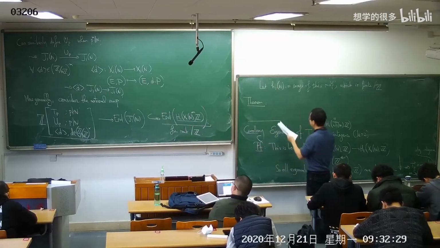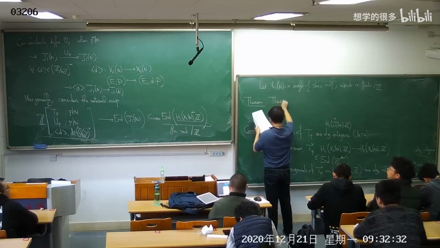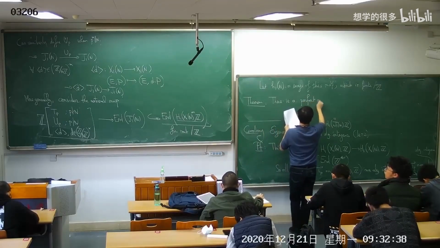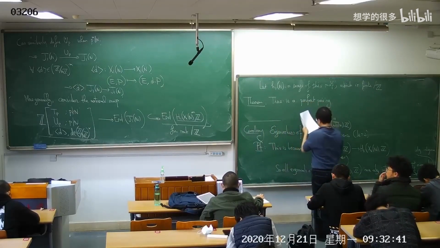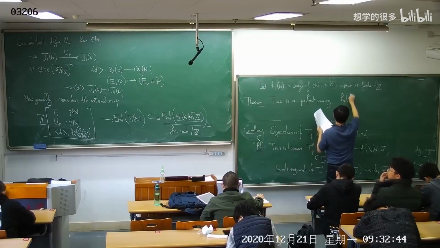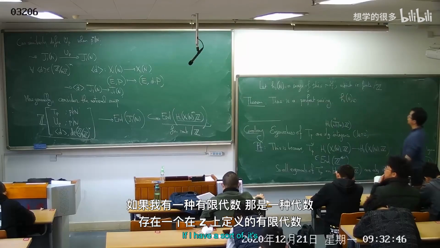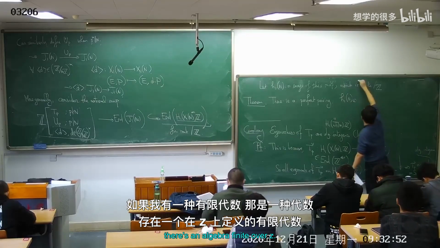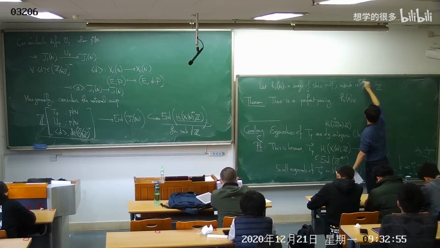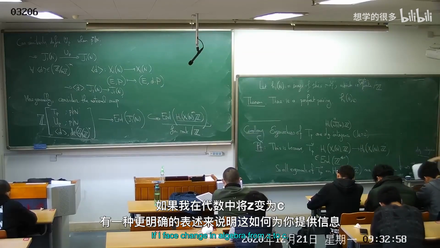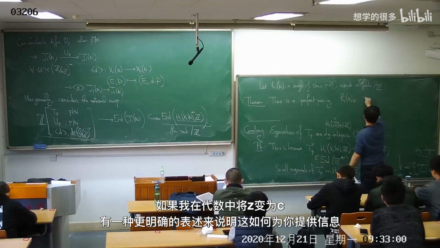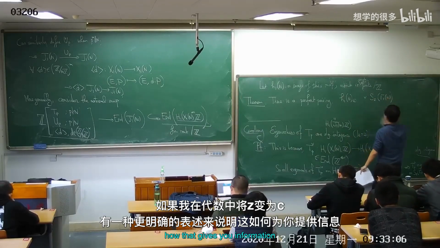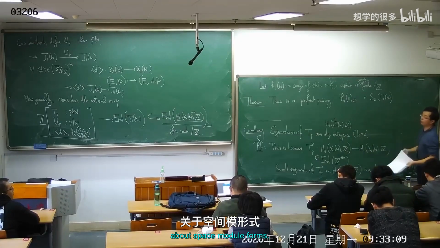Let's make it even more precise. It's a perfect pairing. It's a finite algebra, finite over Z. If I base change the algebra from Z to C, there's a more explicit way of saying how that gives you information about the space of modular forms.